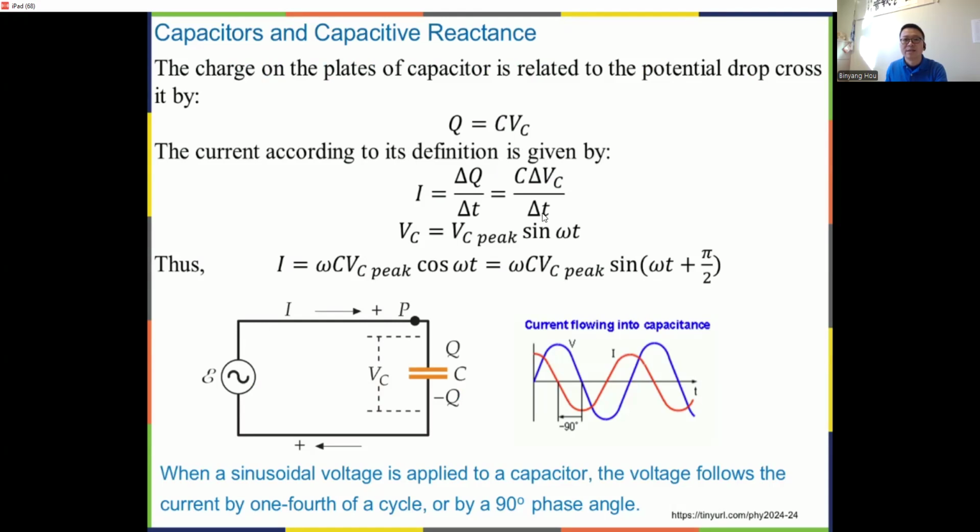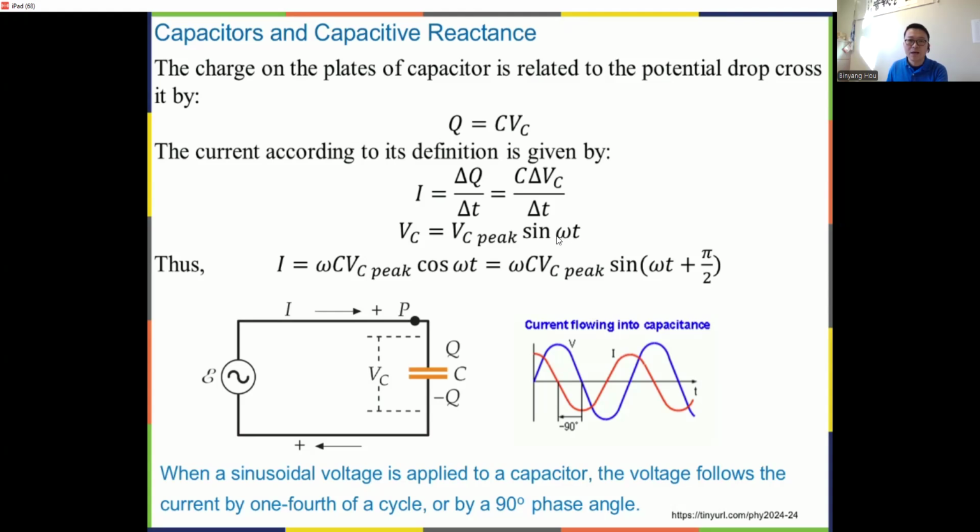Now, if we have voltage as a sine function, then change of that over change of t is the slope of that sine function at any given point. And if you know the trigonometry functions well, the slope of a sine function gives you a cosine function.